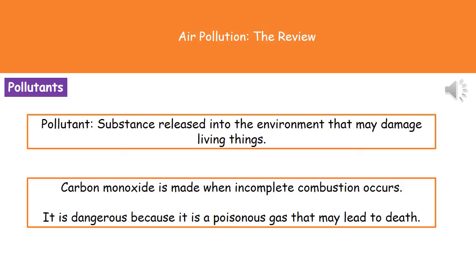Because any time that we've got a fuel that we're going to be burning, but we don't have sufficient oxygen available, incomplete combustion will occur, and carbon monoxide is one of those products. We're concerned about that because carbon monoxide is dangerous to us as living things because it's a poisonous gas, and if you inhale enough of it, then it can lead to death.